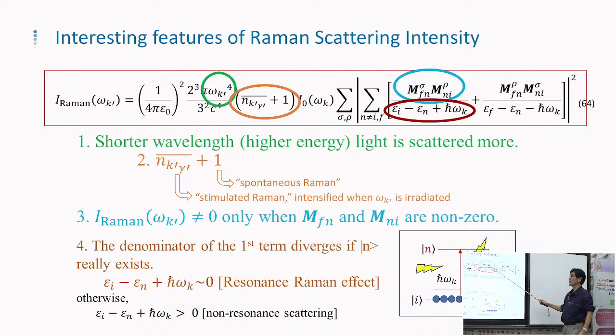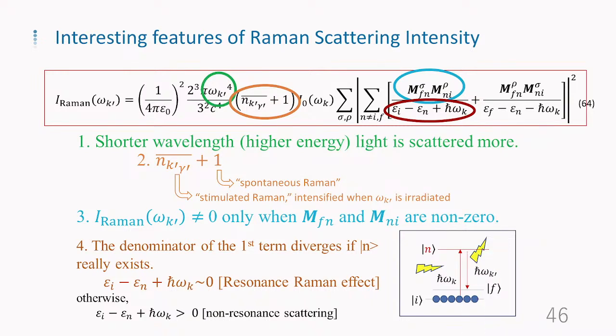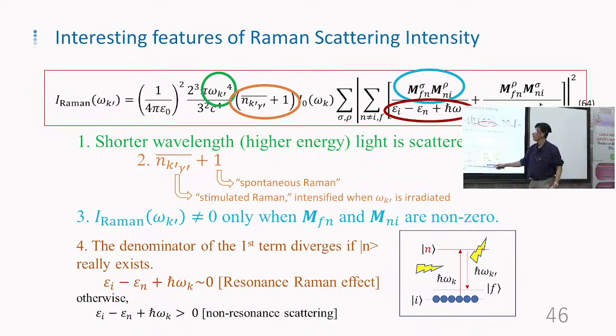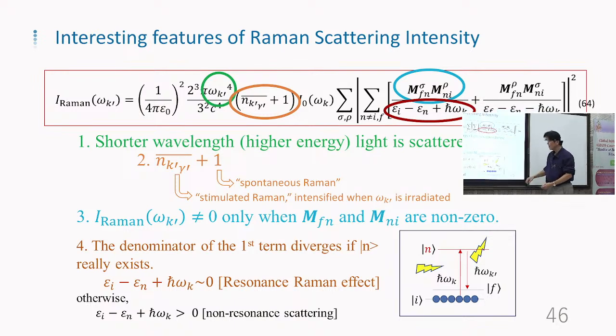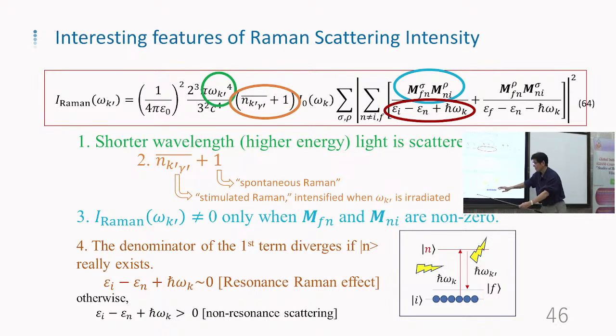One more thing, important feature. There is a denominator E_I minus E_n plus h bar omega k. The denominator of the first term diverges if n really exists and it satisfies this relationship.